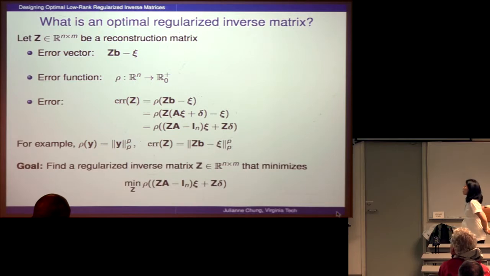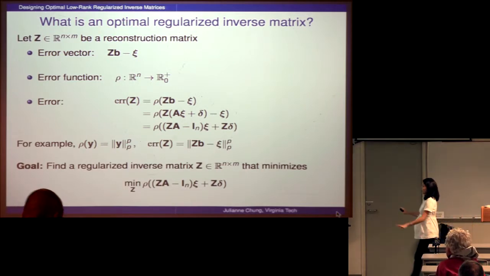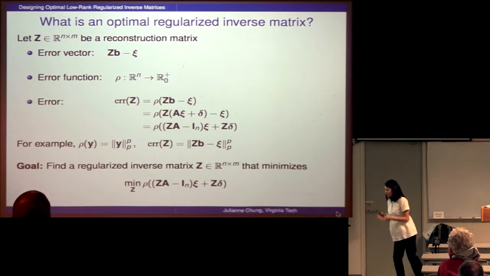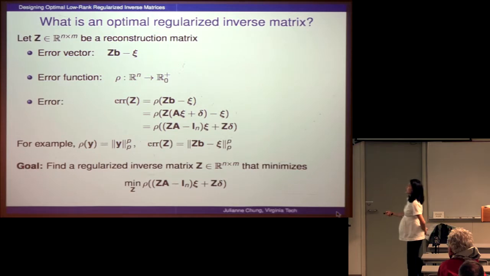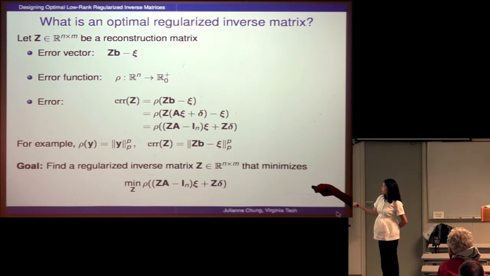So what do we want to do? We don't have A, but we want to compute a reconstruction matrix. We want to compute some matrix Z such that when I apply that matrix Z to my right-hand side, B, and I look at the error using some function, again, any function that I want, I want to minimize this error.